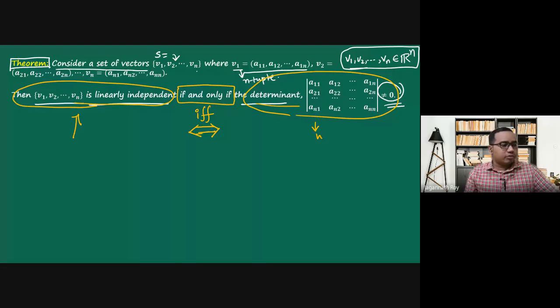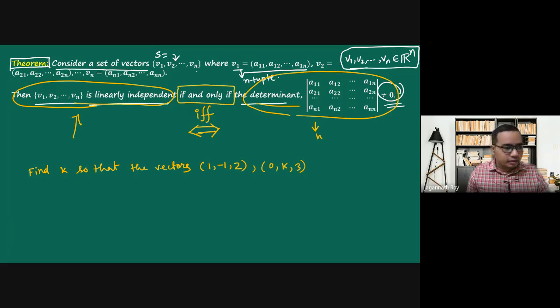Now let me write down one problem. The problem is: find k so that the vectors (1, -1, 2), (0, k, 3) and (-1, 2, 3) are linearly dependent.